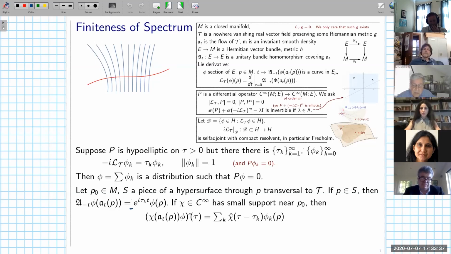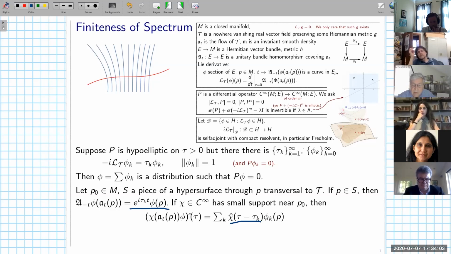When I take the Fourier transform, the only dependence in T is here and in the cutoff function, which is down here. So what you get is the Fourier transform of phi in the transversal direction, translated by the factor tau sub k, times the value of the section at the point P.